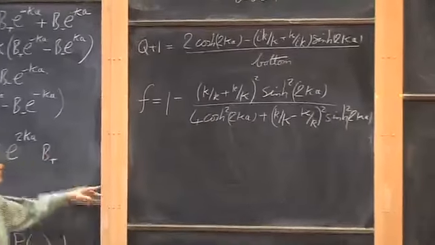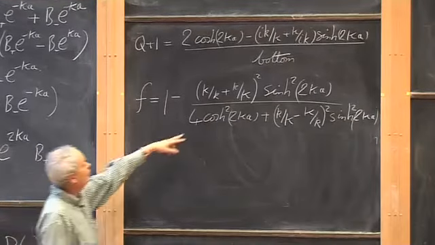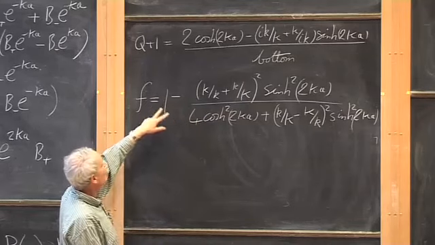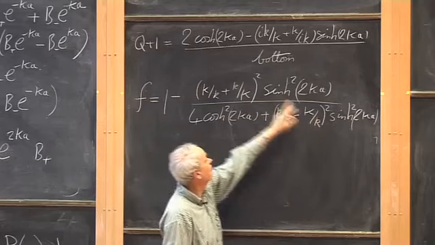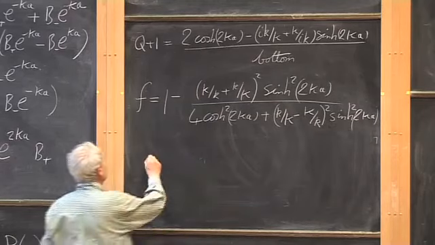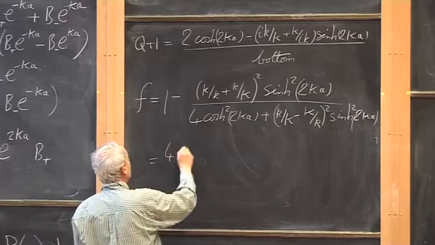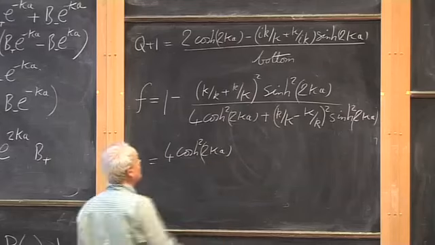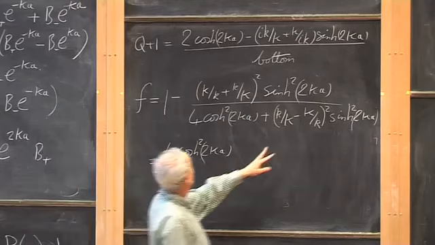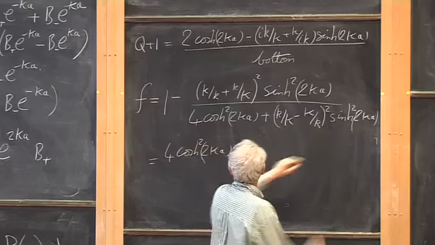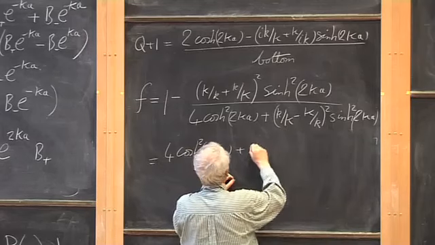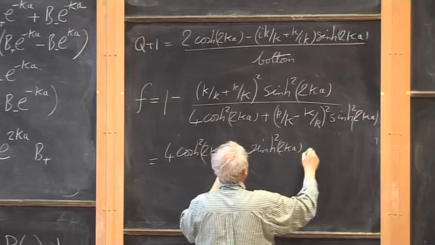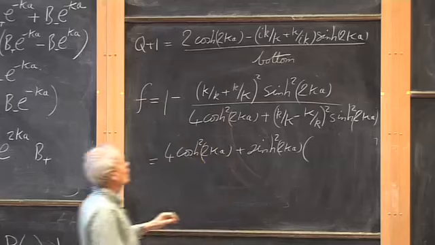So now it'll simplify if we put these two bits on a common denominator. So the top, when it's on a common denominator, will be this bottom plus that stuff there. So this will be 4 cosh squared 2ka, and now we're going to have sinh squared 2ka, brackets. Now, brackets what?